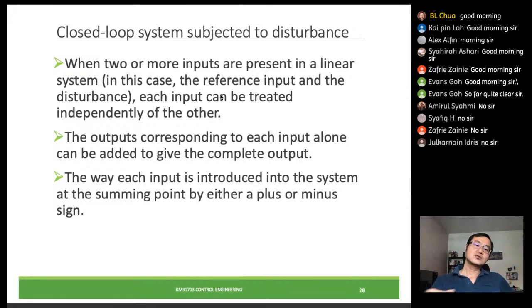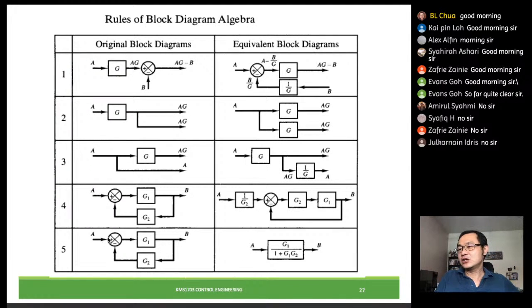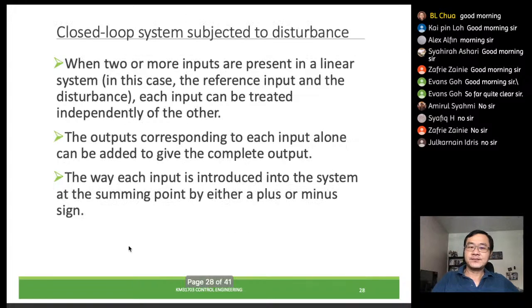Okay, so next would be on a closed loop system. Remember, the closed loop system would look like this, when it is subjected to disturbance. So if you have a disturbance now, what is a disturbance? It can be any form of signal or input that disturbs or changes your parameters.